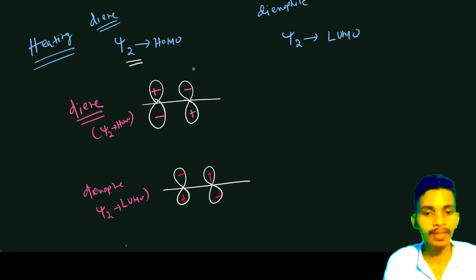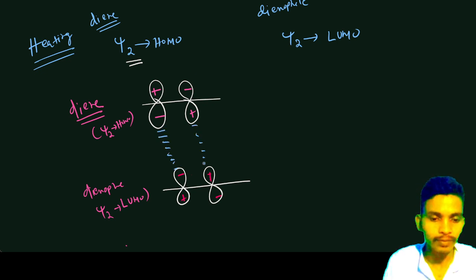So what we see is that the interaction happens in both cases, negative with negative and positive with positive. So this is called suprafacial interaction.